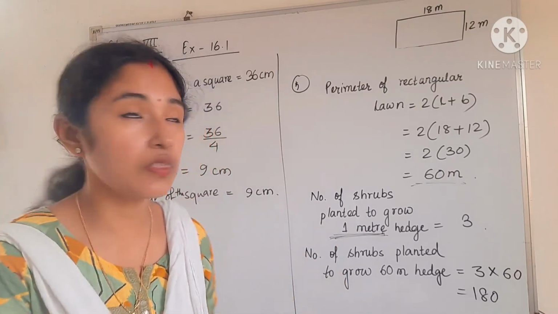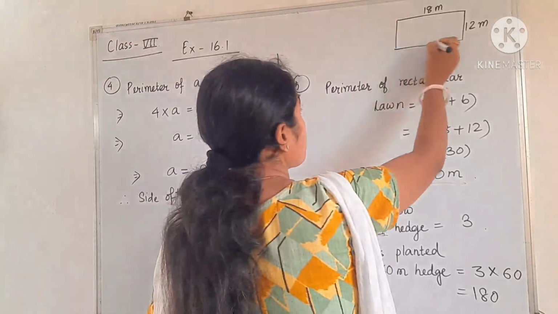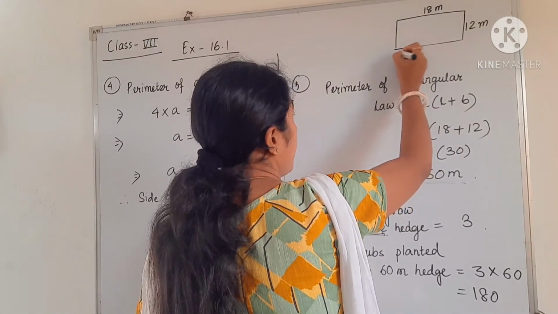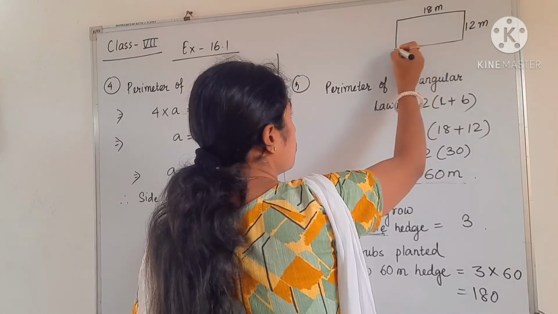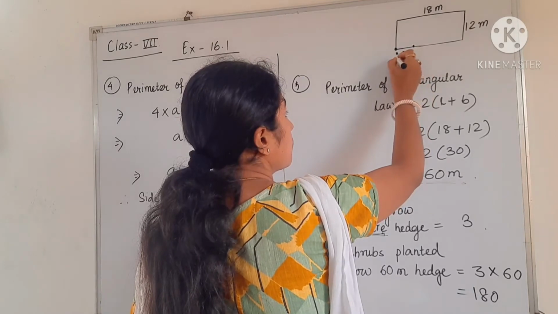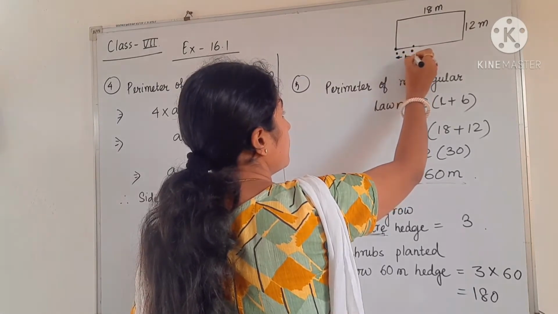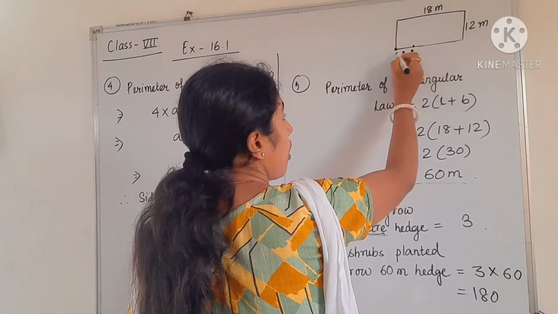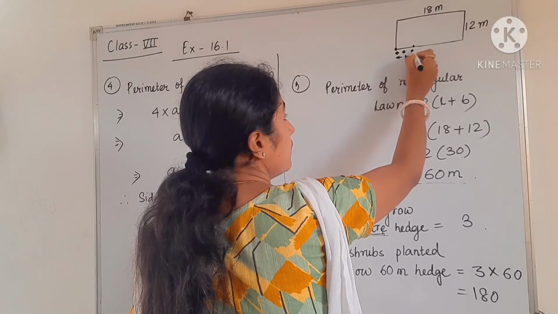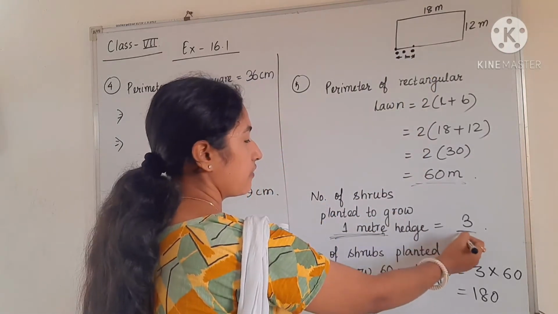Okay, so it is given that you have to plant 3 shrubs to grow 1 meter length. From this to this is 1 meter length. So for 1 meter length, how many shrubs do we need? Only 3 shrubs. Okay, it is given.